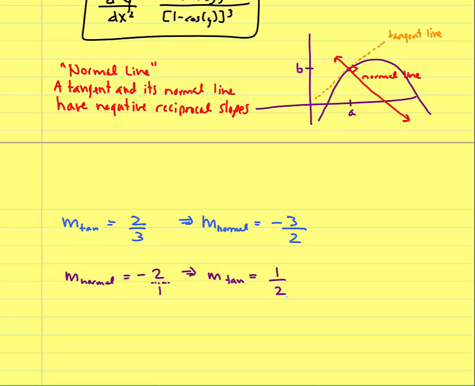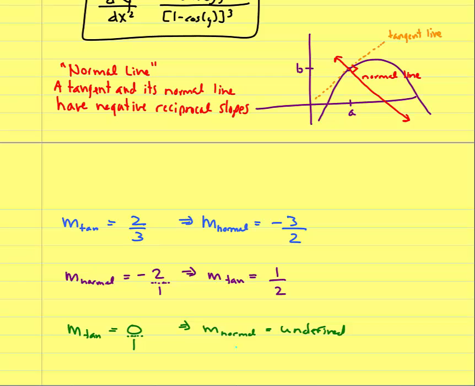A couple more. Let's do the slope of the tangent line. It's 0. This means that the slope of the normal line is undefined. So let's think about that. 0 could be 0/1, 0/2, 0 over some number. I'm just going to choose 1 for this example. And when I flip it, it becomes 1/0, and I negate it, it becomes -1/0.